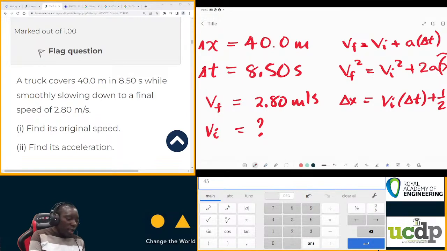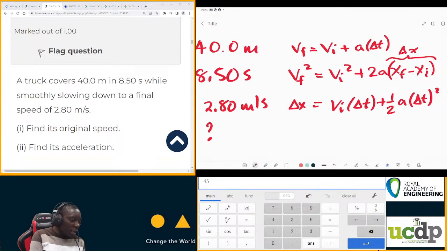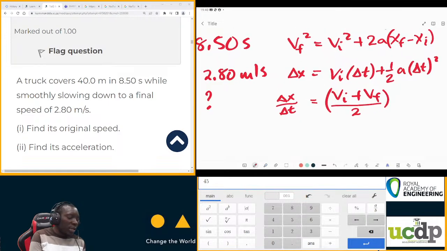We have another one, the fourth one, an interesting one, which is the average velocity. Average velocity is delta x over delta t, equal to Vi plus Vf over 2. In other words, delta x is Vi plus Vf over 2 times t.